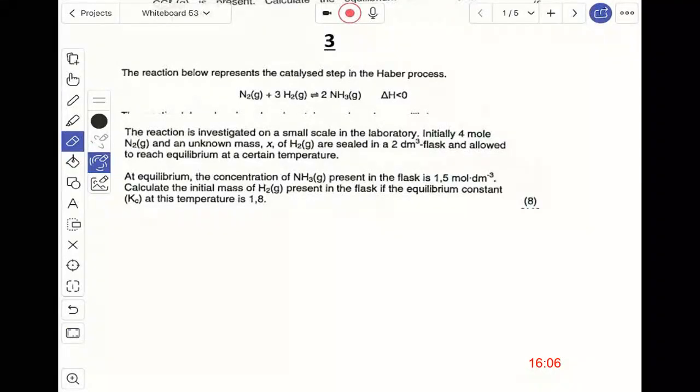There are a couple of things that I want you to take note of and pick up on. This is regarded as a relatively difficult example, but they quite often ask an unknown value.